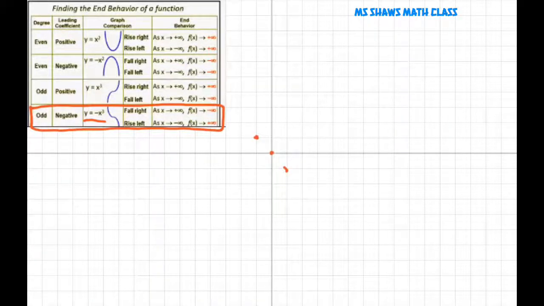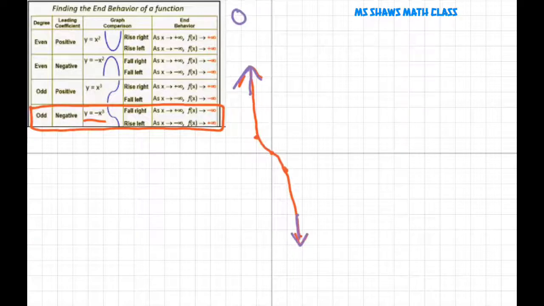So you draw that, just sketch it. What we're really looking for is our end behavior here, these tips here. So when we graph ours, as we graph from left to right, we're going to start in quadrant 2 and end in quadrant 4.